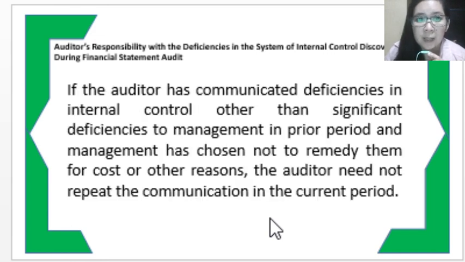If the auditor has communicated deficiencies in the internal control other than significant deficiencies to management in prior periods, and the management has chosen not to remedy them because of cost, so this is their reason for not correcting such deficiency, then in this case, the auditor need not repeat the communication in the current period because the cost and benefit will also be considered.